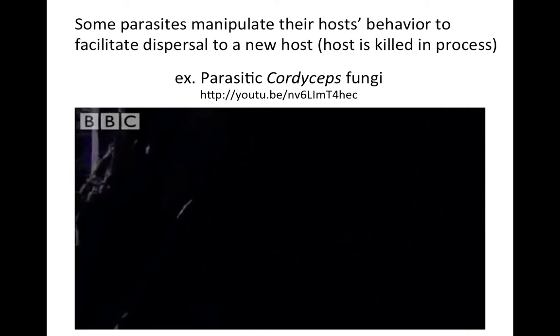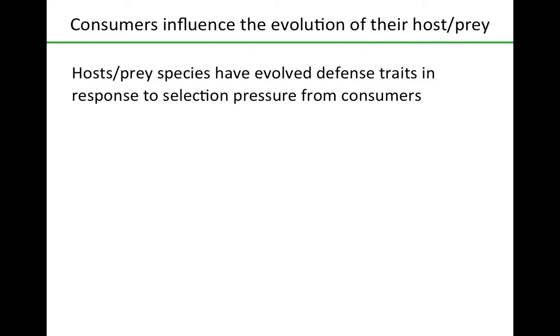And so what we'd expect is that these interactions can have dramatic impacts on the evolution of prey or host species. And so what we see is that instead of prey and host just being kind of helpless victims of their predators, herbivores, or parasites, they have often evolved defense traits in response to selection pressure from consumers.